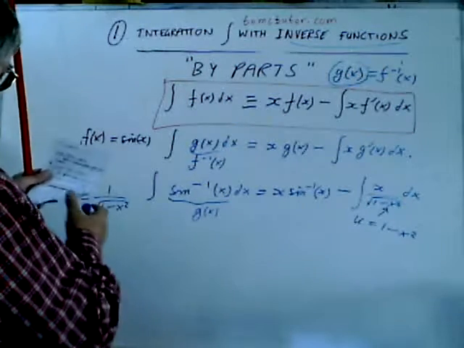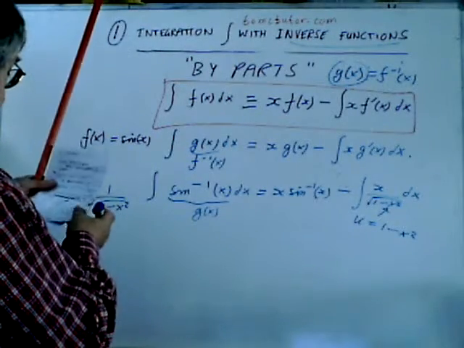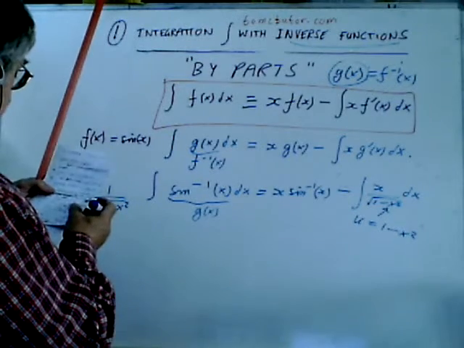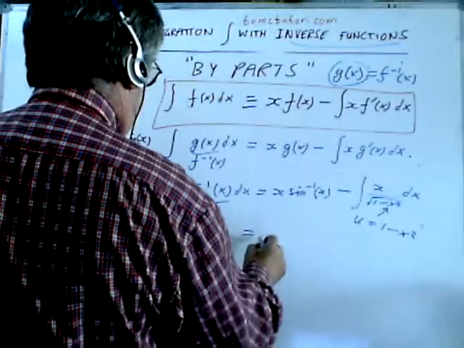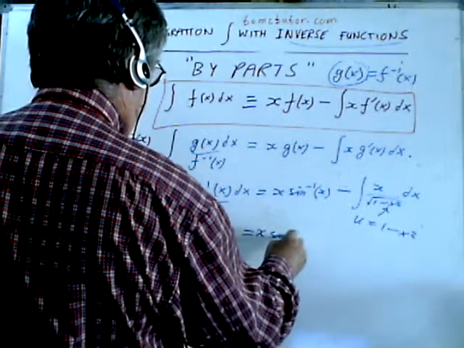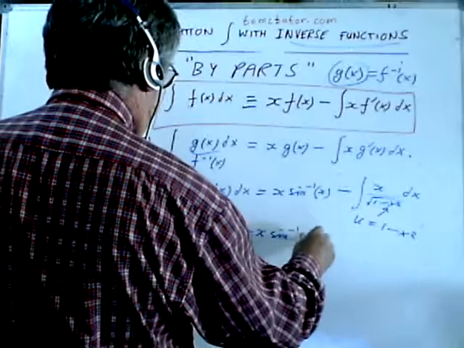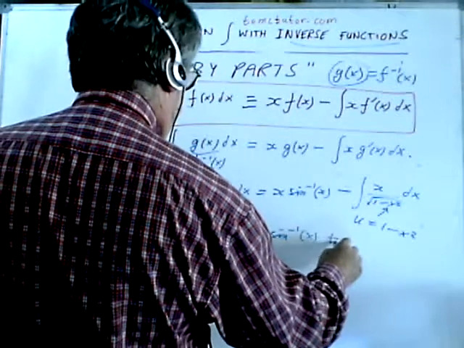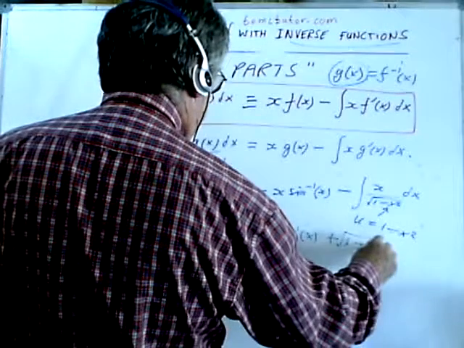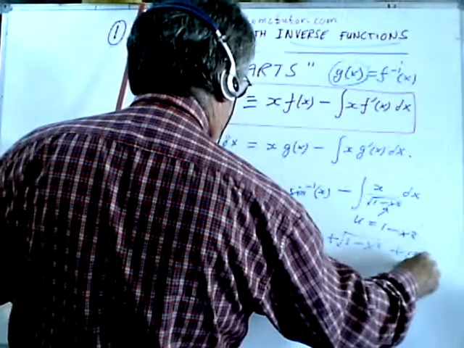We've done that. So what have I got at the end of the day? Yeah, so that means that my answer is x arc sine x, that's that guy come down, plus square root of 1 minus x squared plus the constant, of course, okay.